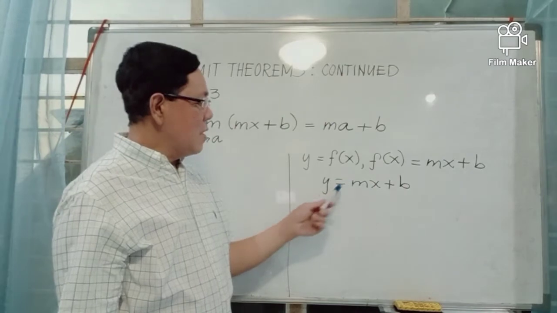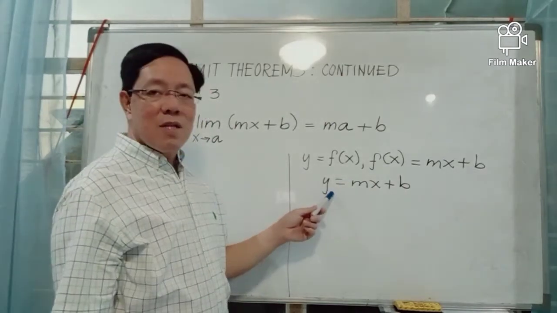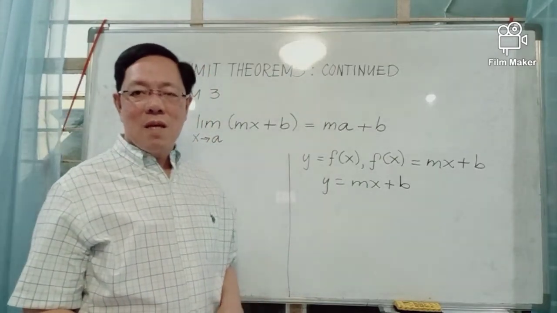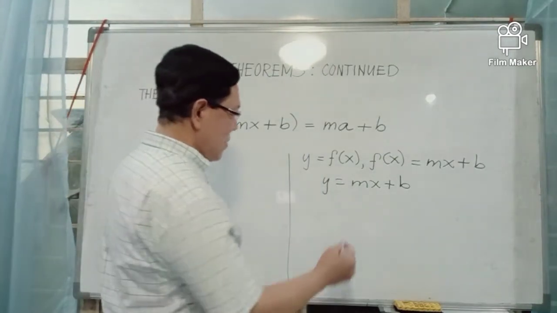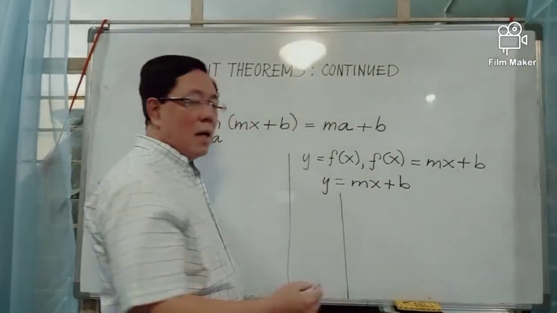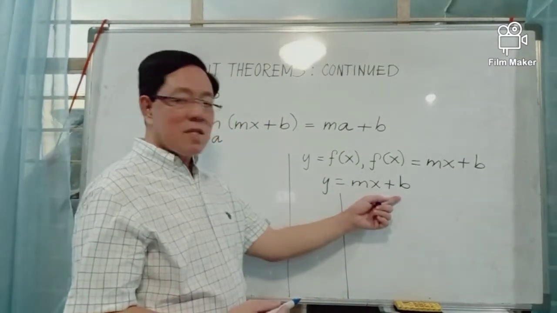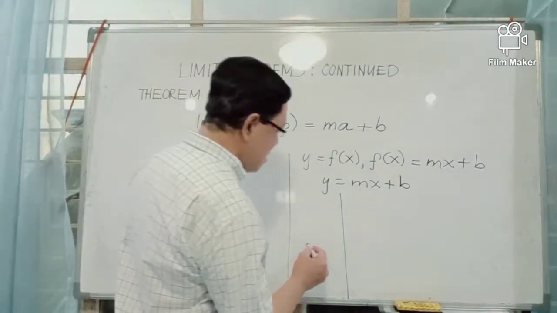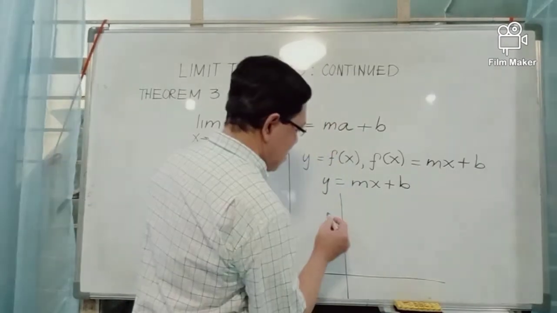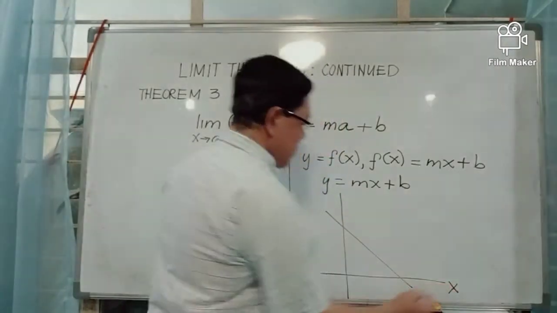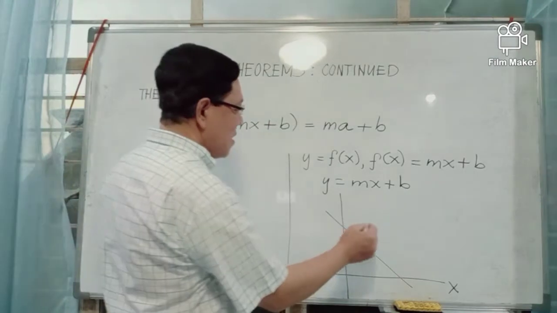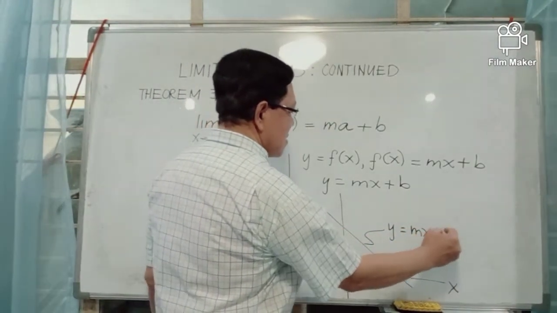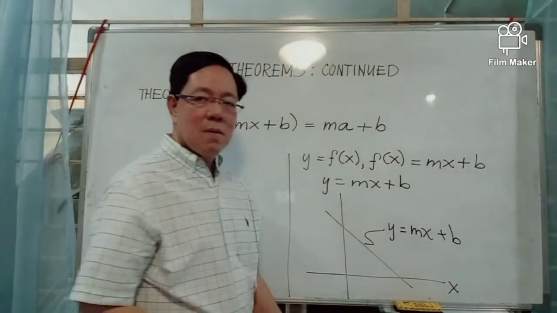If you sketch the graph of this linear equation in x and y, the graph is a straight line. And supposing b, the constant b, is not zero, the line will intersect the y-axis at b. Suppose this is the graph of the linear equation y equals mx plus b.